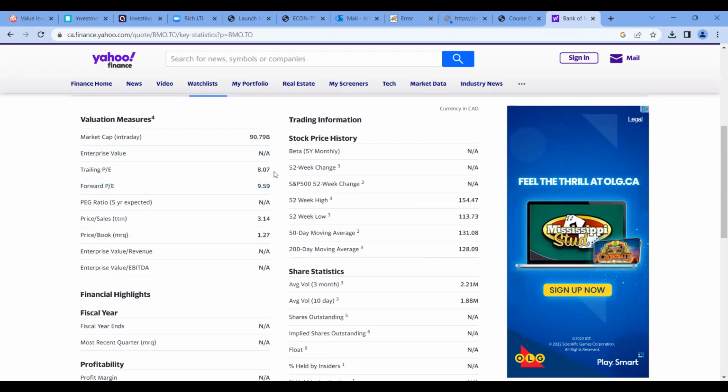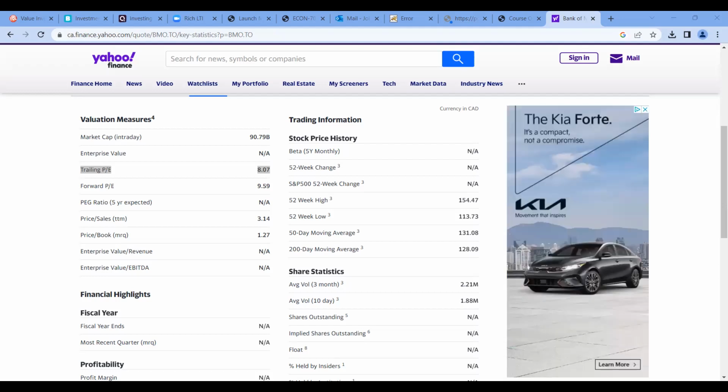And then I'll bring up the price to earnings ratio again. It's 8.07, so you're paying 8 times the value of the profits of BMO to buy the stock, which is pretty low.